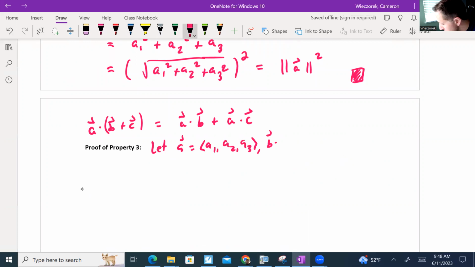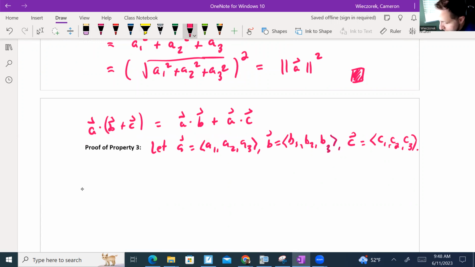I'm going to let B be B1, B2, B3. And I'm going to let C be C1, C2, C3. Okay. Got to define your vectors.